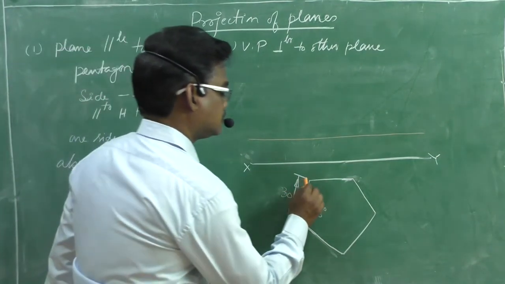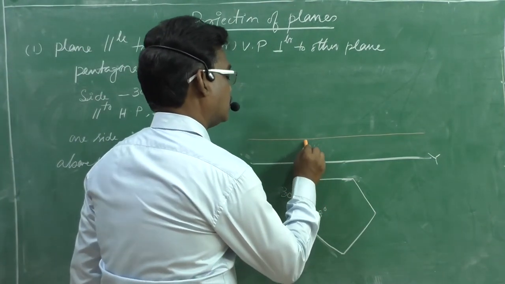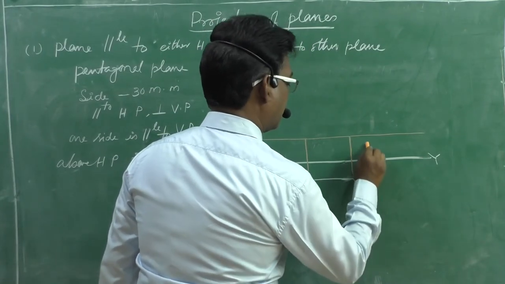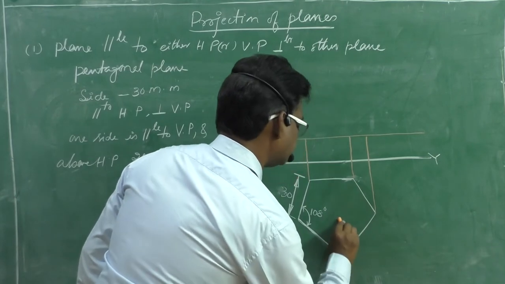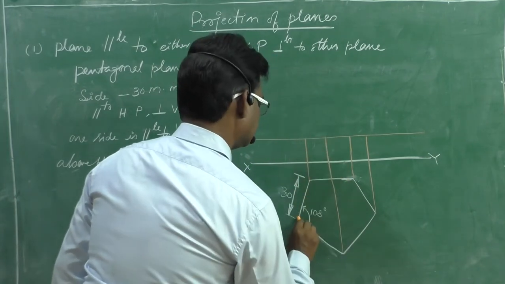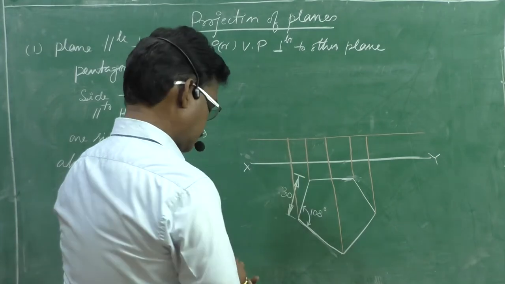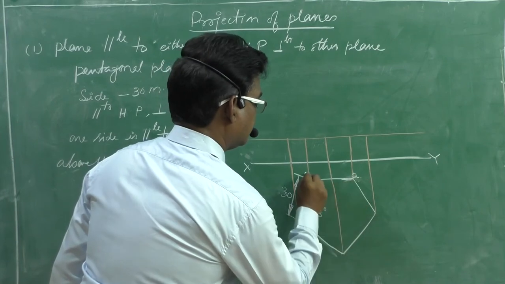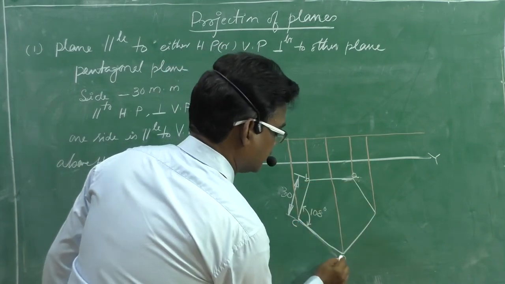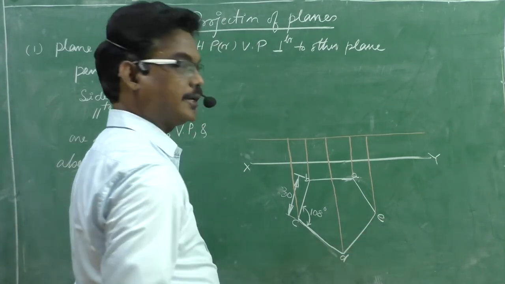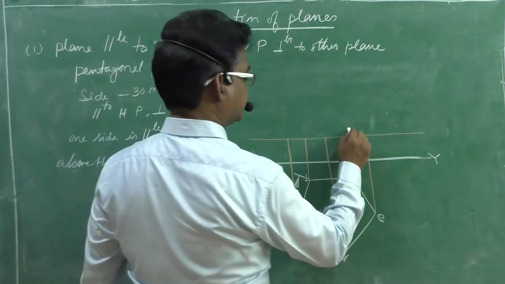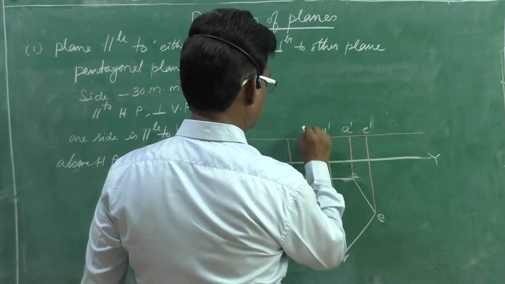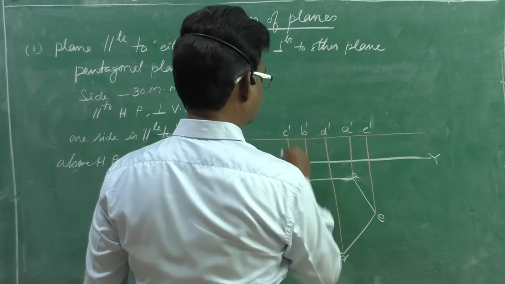After that, project the plane from the top view. Here we need to give the notation, let it be A, B, C, D and E. For the front view, this is A dash, E dash, D dash, B dash and C dash.